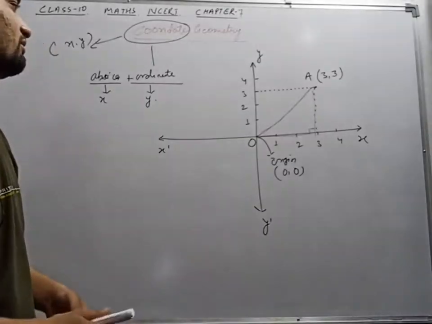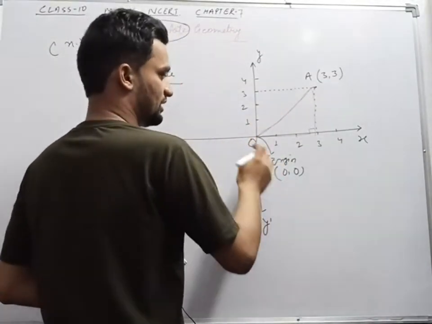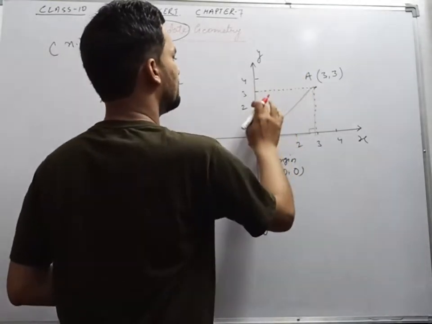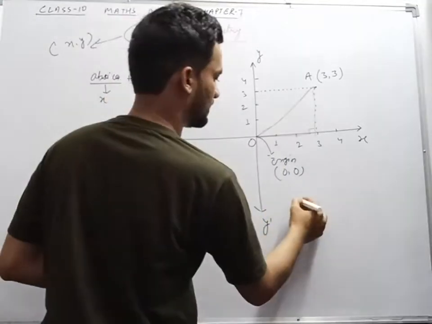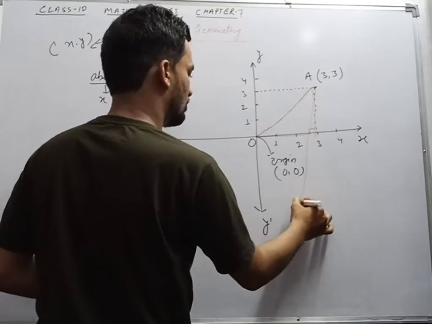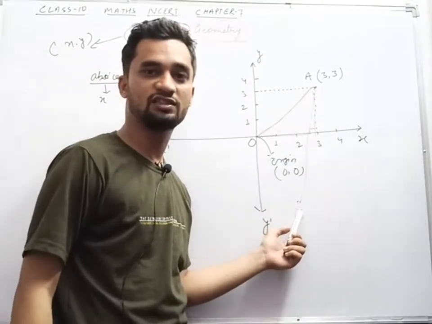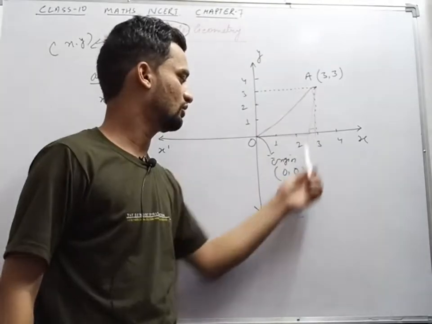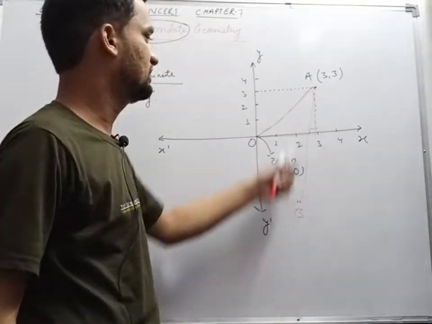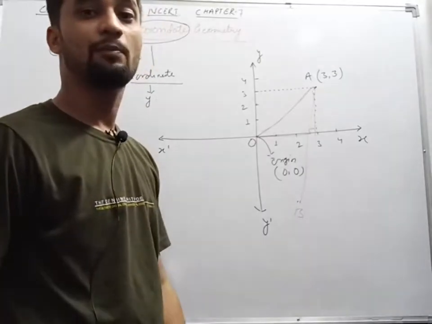But suppose we take another point anywhere, say here, point B, and someone asks what is the distance of A from B, that is the distance AB. In this case we are unable to apply Pythagoras.